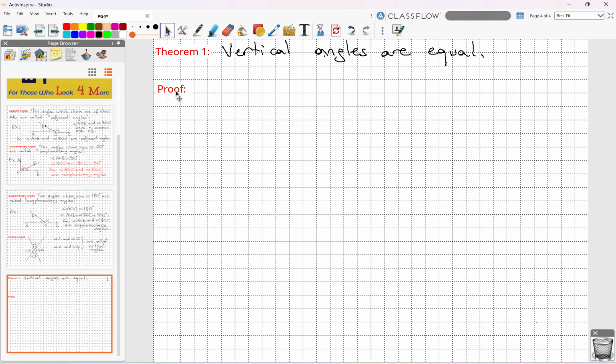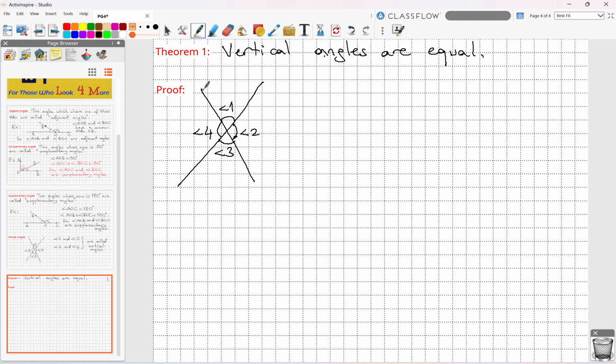So how do we prove it? It's easy to prove that vertical angles are equal. Think about two intersecting lines having these vertical angles, angle 1, 2, 3, and 4.